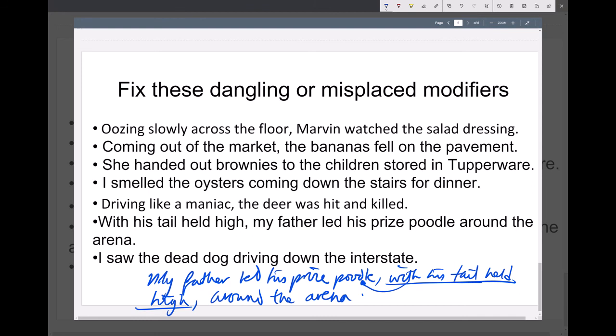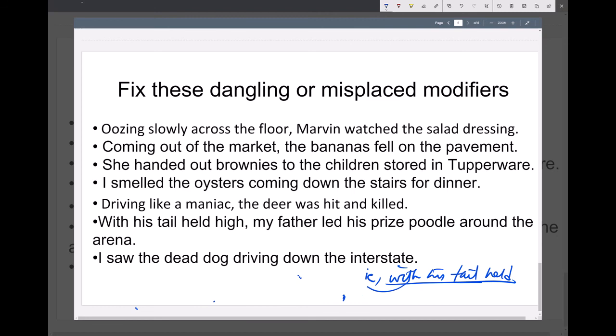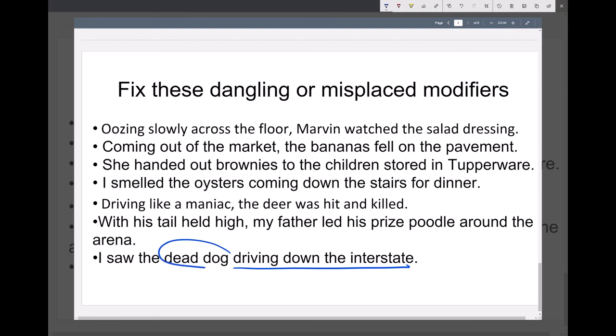Alright, last one. This one's pretty funny. That's a sentence. I saw the dead dog driving down the interstate. So this one, the modifier is driving down the interstate. Again, a dead dog can't drive, so you need to fix this misplaced modifier by placing the modifier next to I. So it would read something like this.